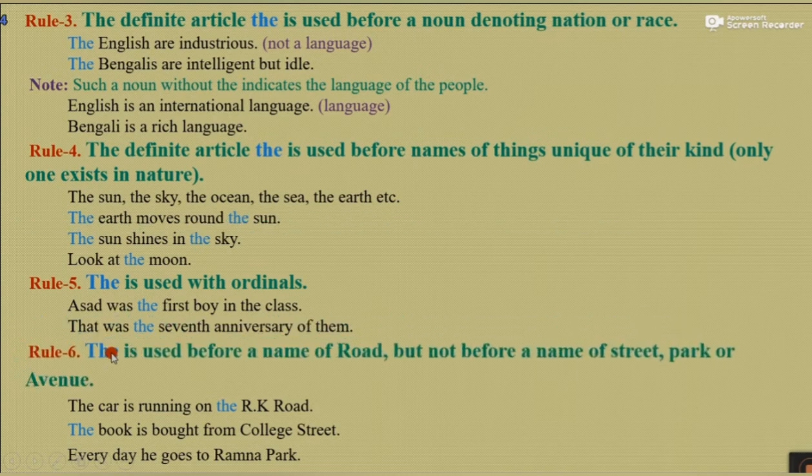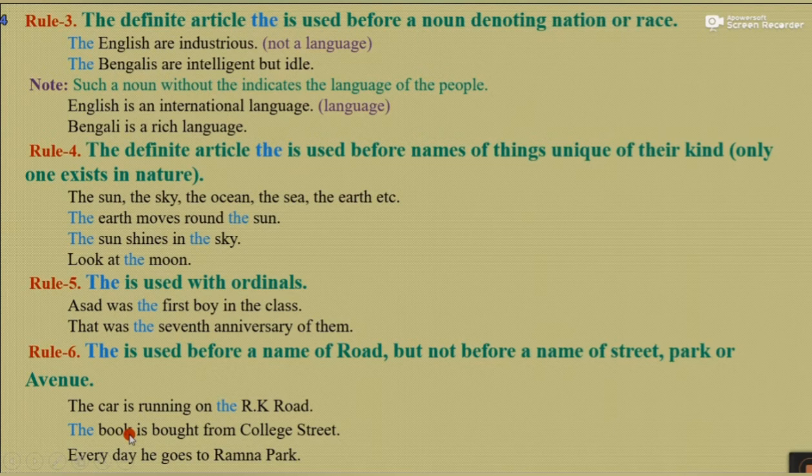Rule number 6: The is used before the name of a road, but not before the name of a street, park, or avenue. For example, the car is running on the Arcade Road. Here, the is used before road. But we didn't use the before street or park.